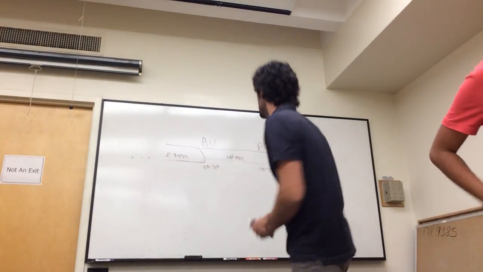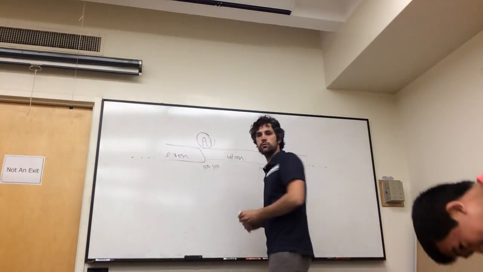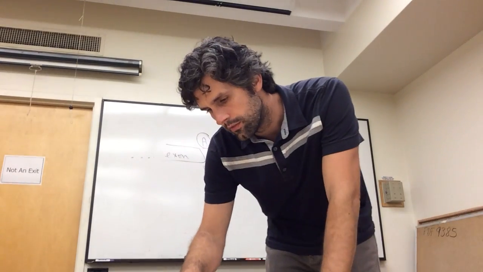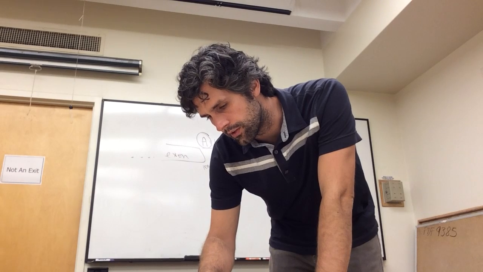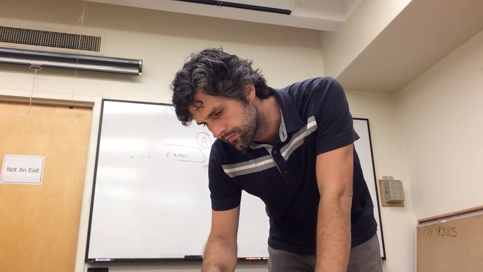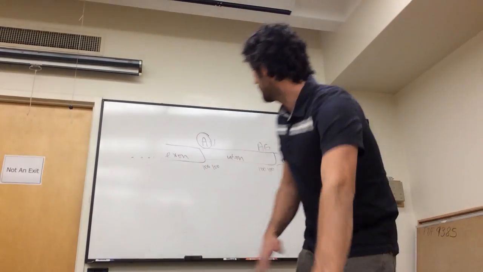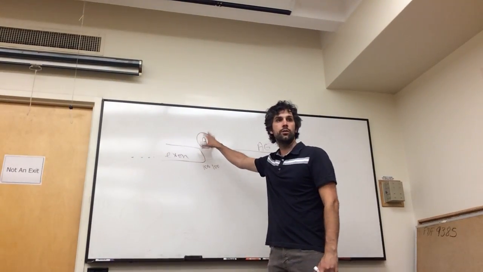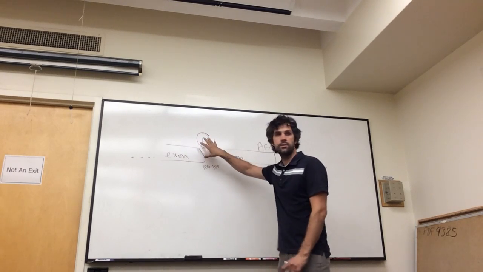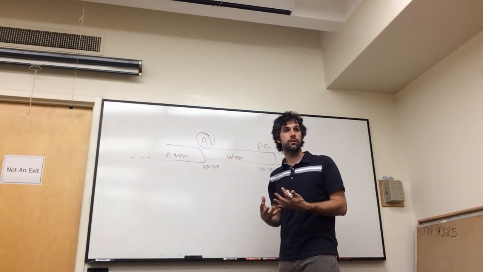That G at this position is where that first point of attack is. But with this mutation, we can't have that attack occurring. We're not going to be able to splice out the intron.